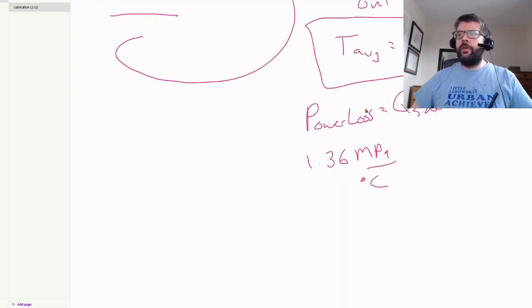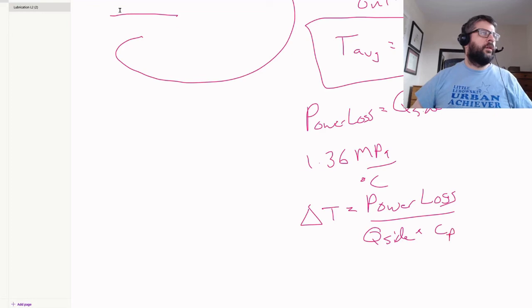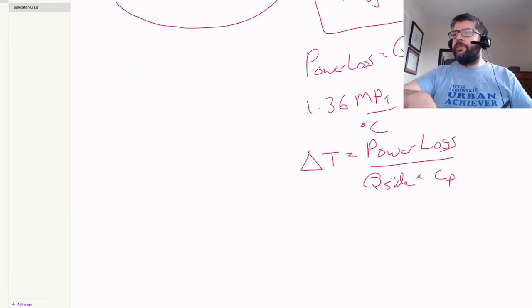So if we want to solve for the temperature change, that's going to be equal to our power loss divided by the side flow and the specific heat capacity. Plugging in our known values, our power loss for this scenario was 1.3 kilowatts, 1300 watts.